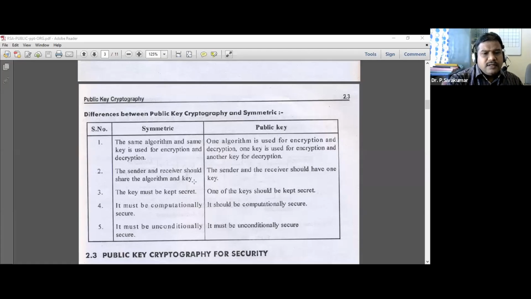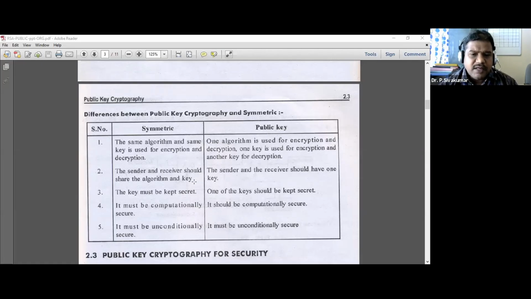Another point: in the symmetric key algorithm or private key cryptographic system, the sender and receiver should share the algorithm and the same key, for both encryption and decryption. But here, the sender and receiver each have only a single key; encryption uses one key and decryption uses another key.